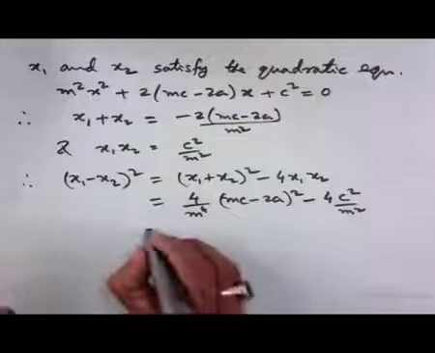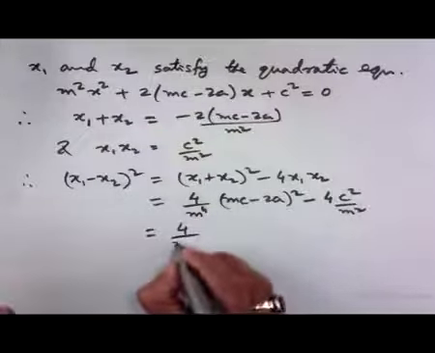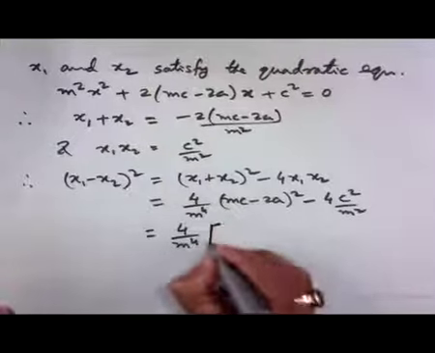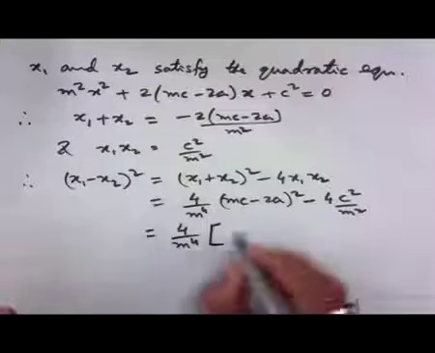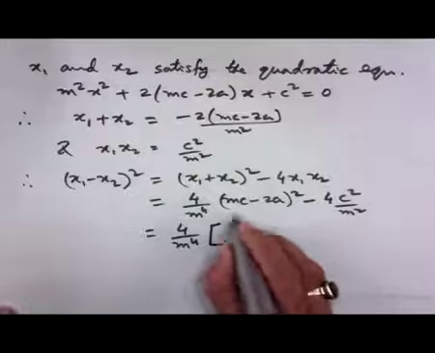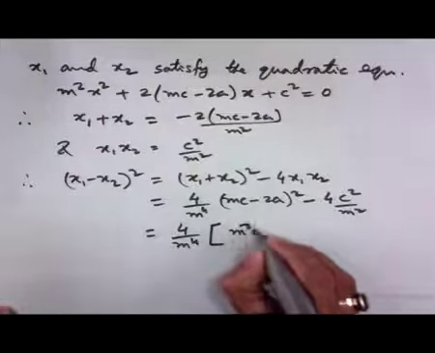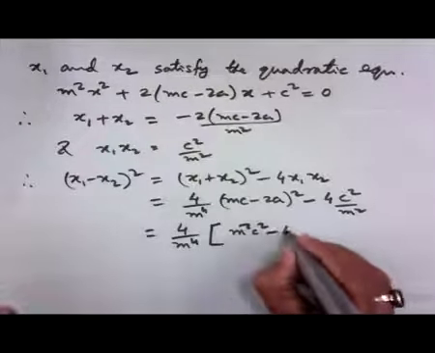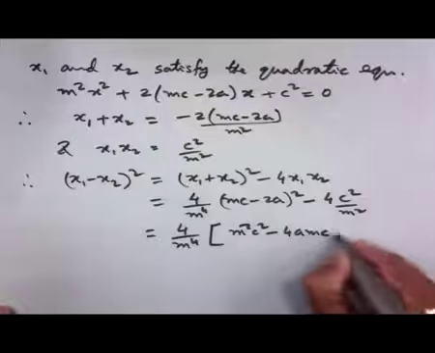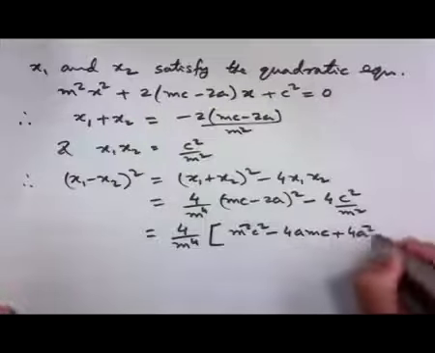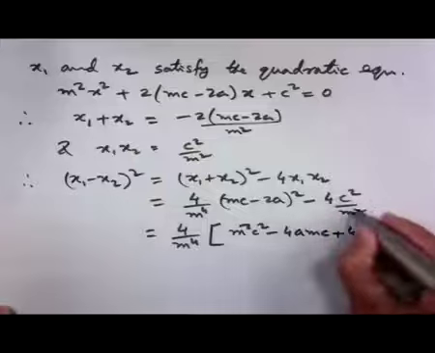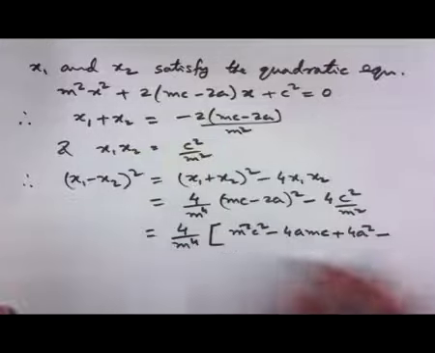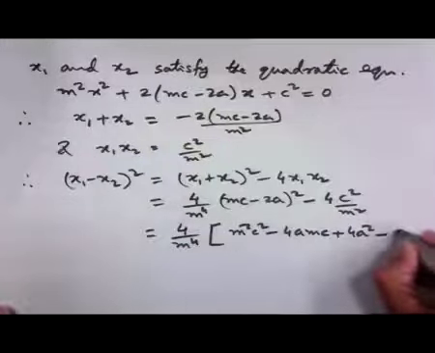So, this can be written as 4 by m to the 4 times, taking m to the 4 out, we have m square c square minus 4 a m c plus 4 a square minus m square c square.